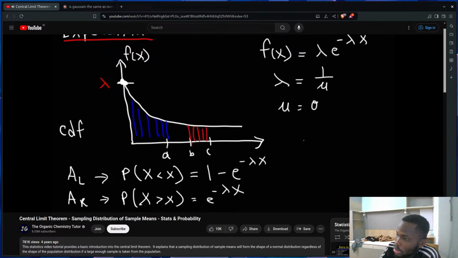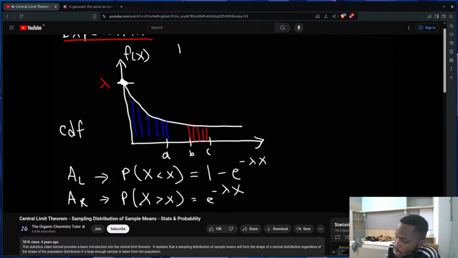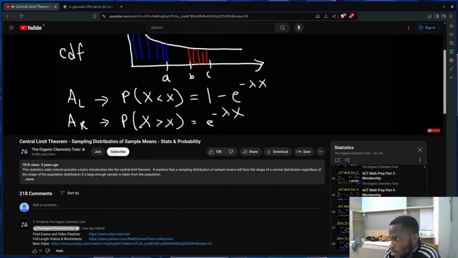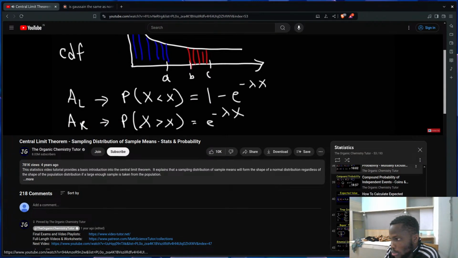In this case, you need to use this expression. The probability that x is between b and c is simply the difference of the probability that x is less than c, minus the probability that x is less than b.